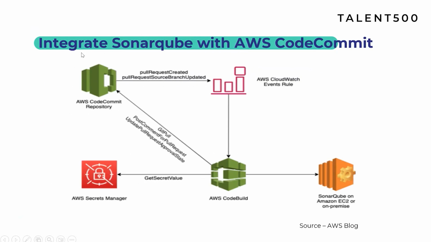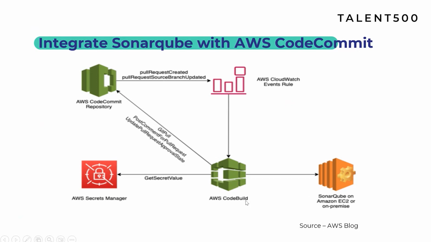So for the lab we are going to do, this is the architecture of that project. We'll have a CodeCommit repository, okay, and there would be a CloudWatch event set up which would monitor if any pull request is raised for this particular repository. If yes, then we have to build the project and analyze that project using SonarQube.